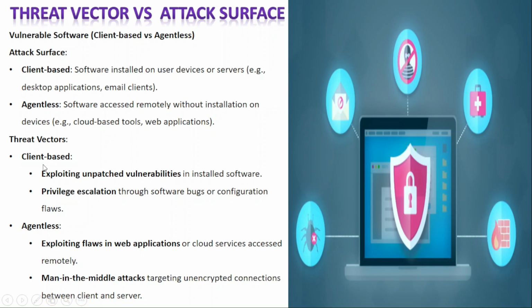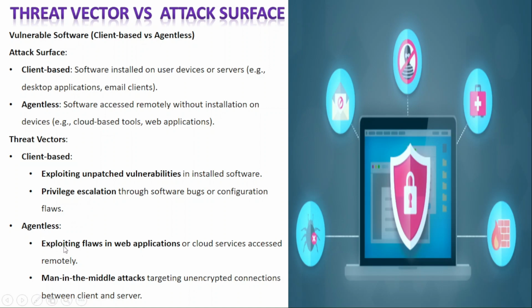What are the threat vectors for client-based? Exploiting unpatched vulnerabilities in installed software. So if you have software installed on your laptop or PC, and it has unpatched vulnerabilities, these are basically threat vectors that can be exploited. Privilege escalation through software bugs or configuration flaws. So if this software has some bugs embedded, they can also be used for privilege escalation.